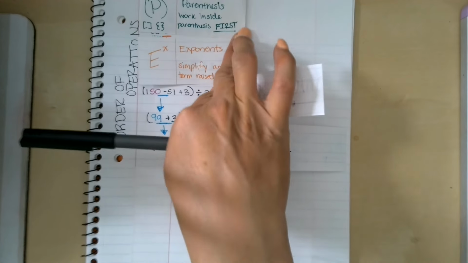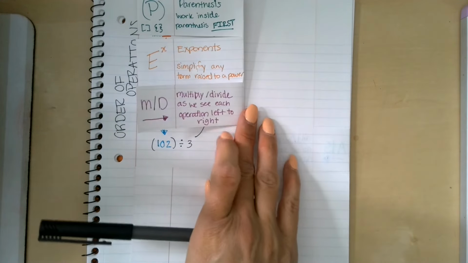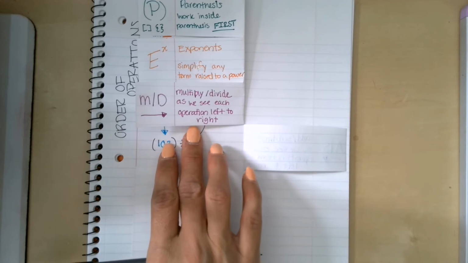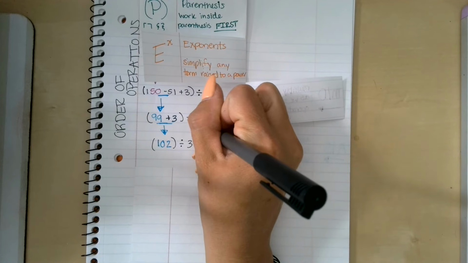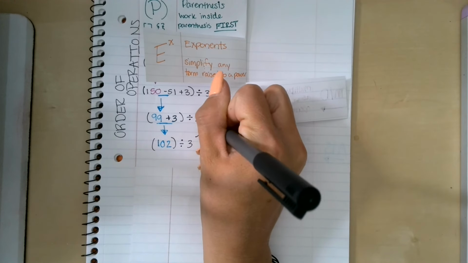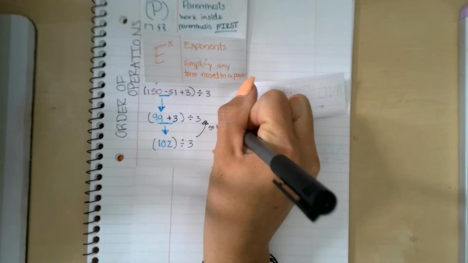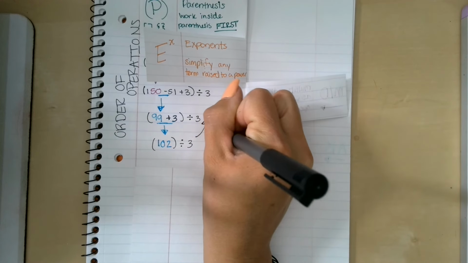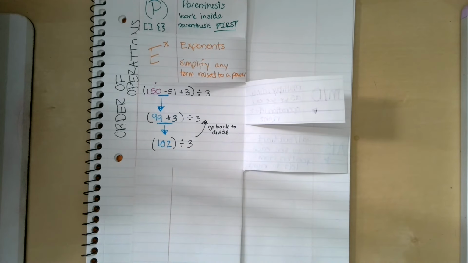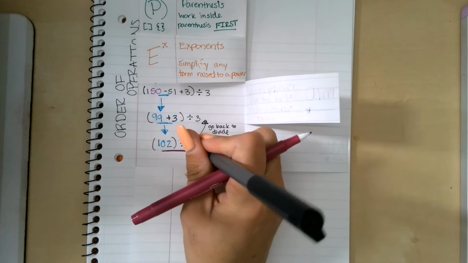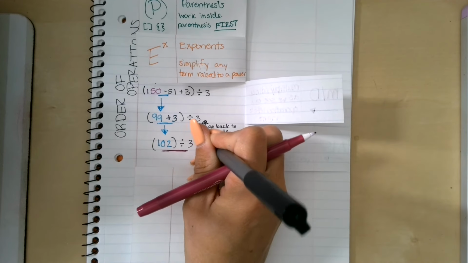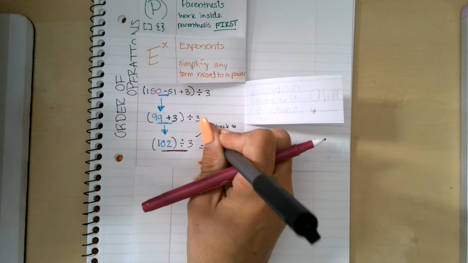There's no exponents, but there is a multiplication and division to do. So now we're going to go back down the checklist, and now we need to go back to divide. So our final step is we're going to do our division. So I'm going to underline that. So 102 divided by 3, the solution is going to be 34.